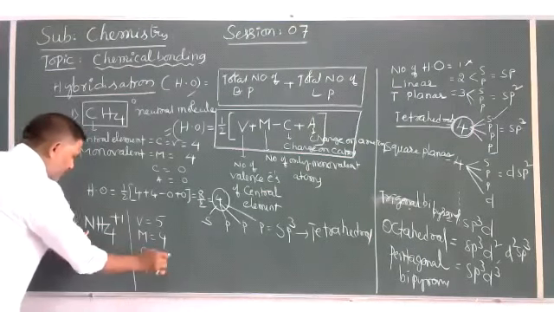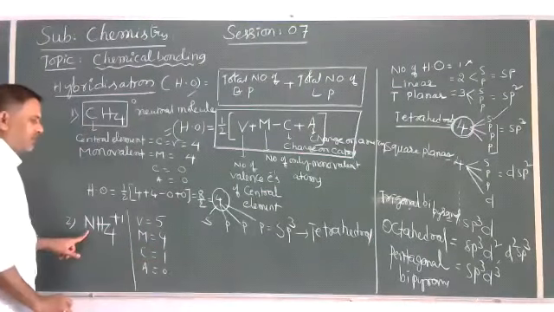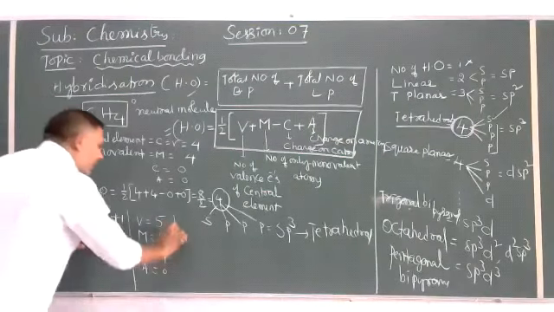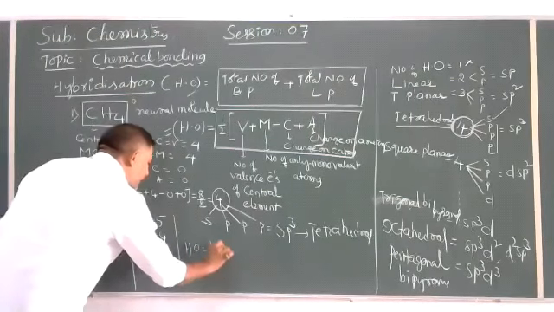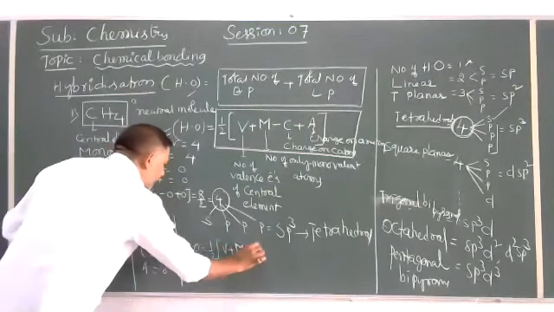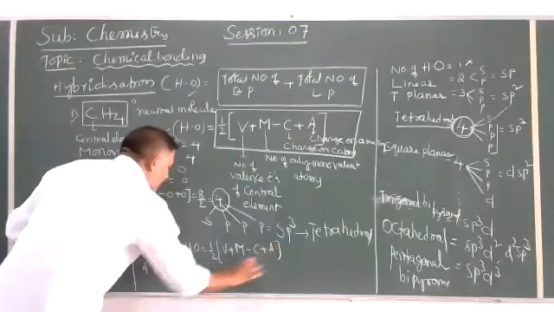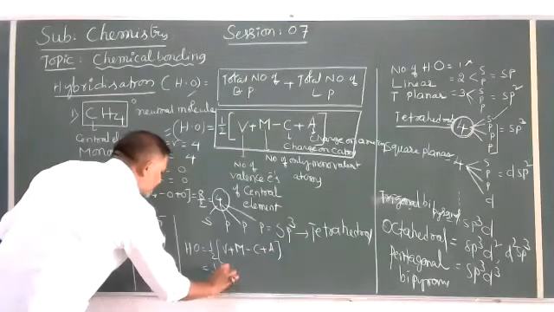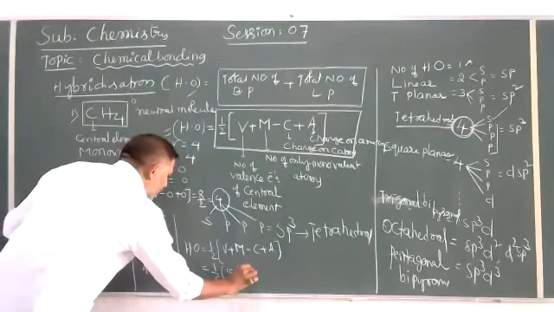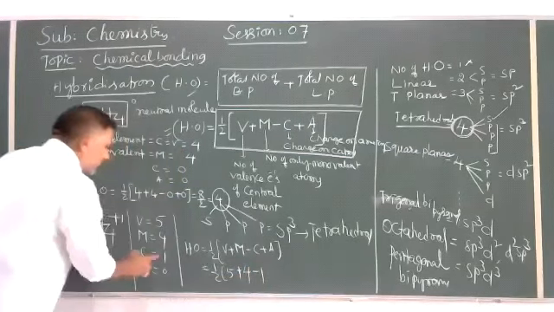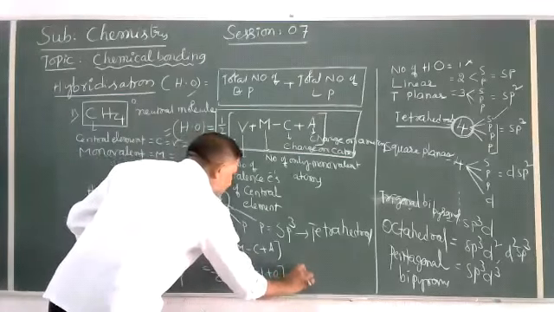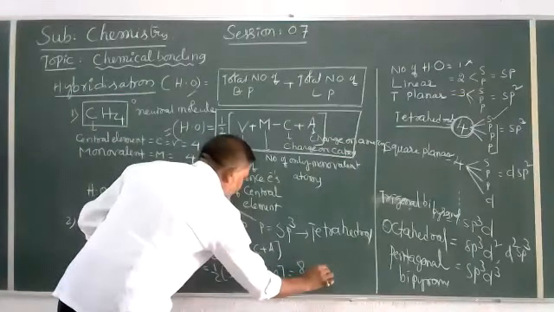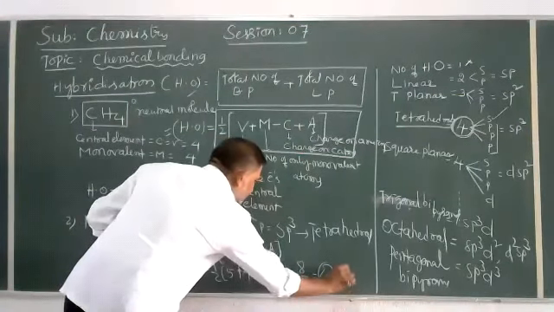So by applying this formula, the number of hybrid orbitals equals 1/2 into (V + M - C + A). Now it is 1/2 into (5 + 4 - 1 + 0). That is 8 by 2, that is 4, sp3.